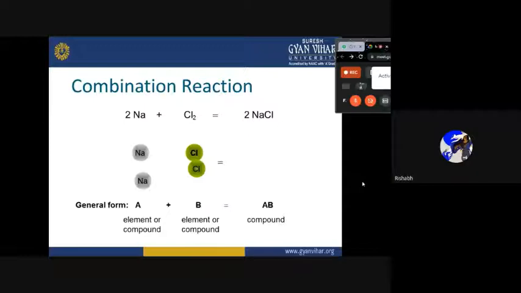It is giving you NaCl, your common salt, having 2 molecules of NaCl. Okay, so number of atoms are the same on the left and on the right hand side. So it is an example of balanced equation. It is an example of combination reaction. Two separate elements are combining to form a product containing both the elements.